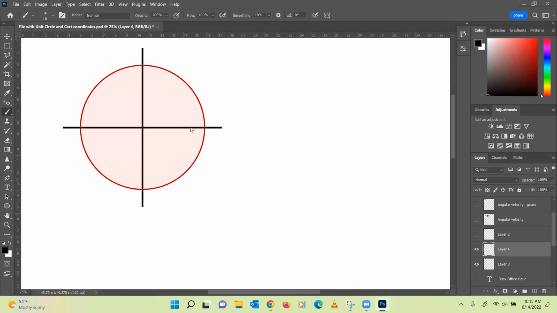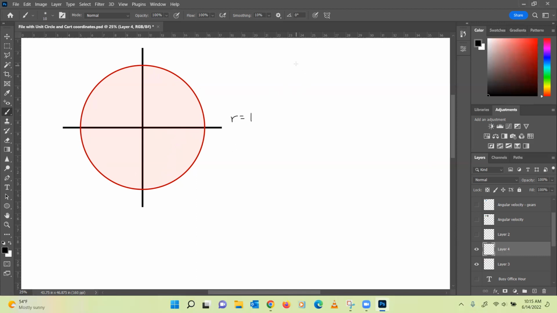So let's take a look at a circle that I've drawn on a coordinate system, and I'm going to say that the radius of this circle is 1. If that's the case, then we have certain things about this circle that will make it easier for us to calculate.